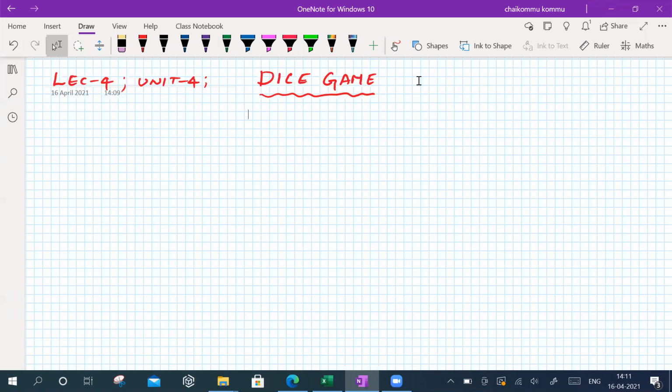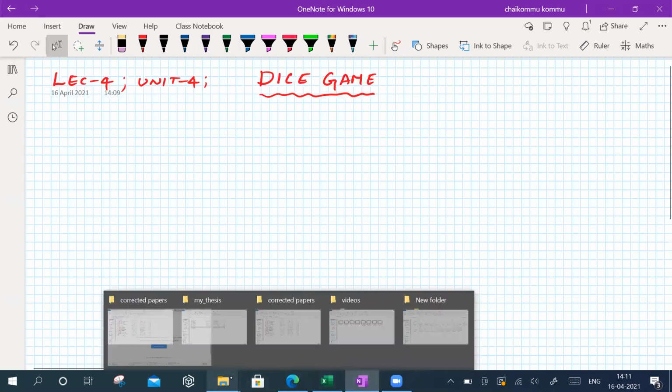If you want to play this game, we have to follow certain rules. What are the rules? That is, when you will win, when you will roll again and start the game again, or when you will lose, and what number will be responsible for losing the game. In that situation, we are going to consider the rules to be something like this.